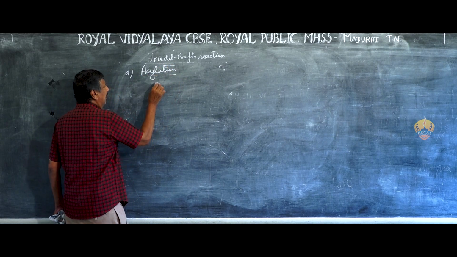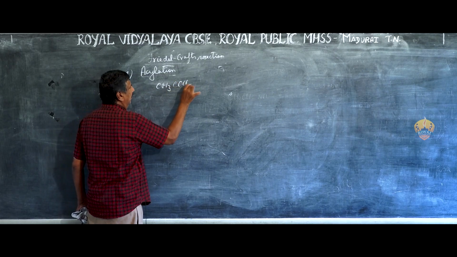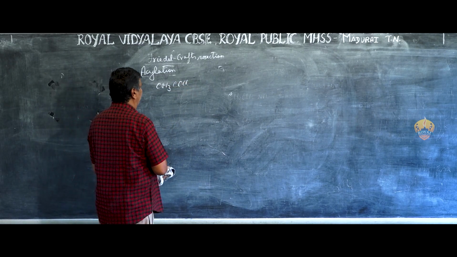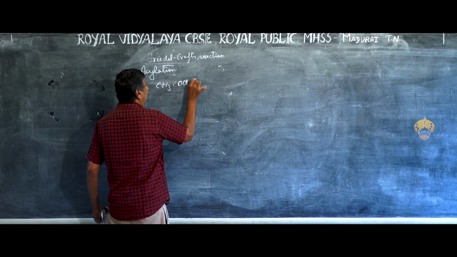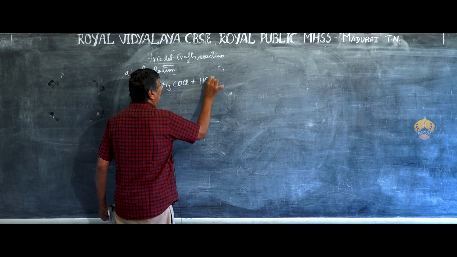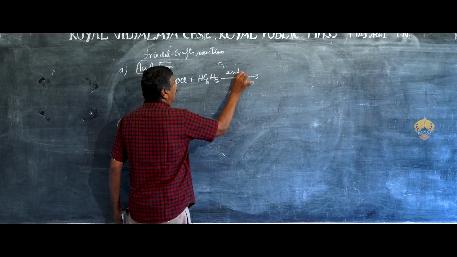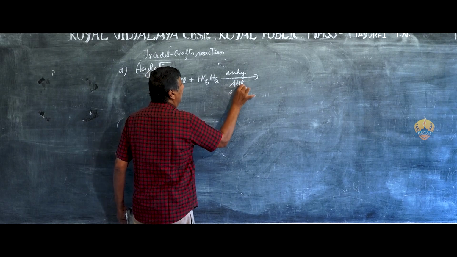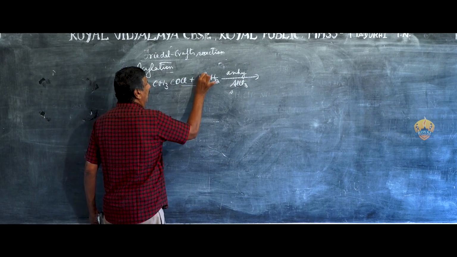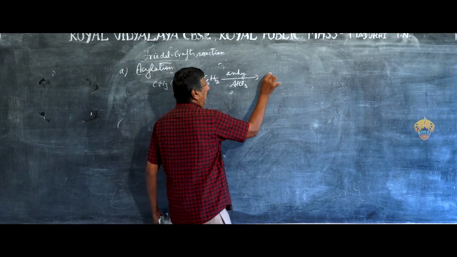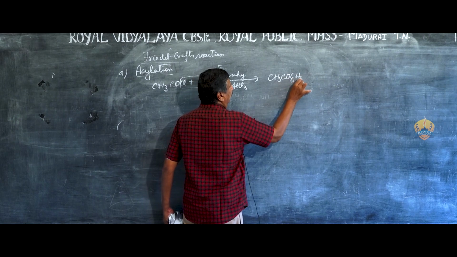Acylation means acetyl chloride plus benzene. The catalyst is, as usual, anhydrous aluminum chloride. You remove this HCl, the product will be acetophenone.